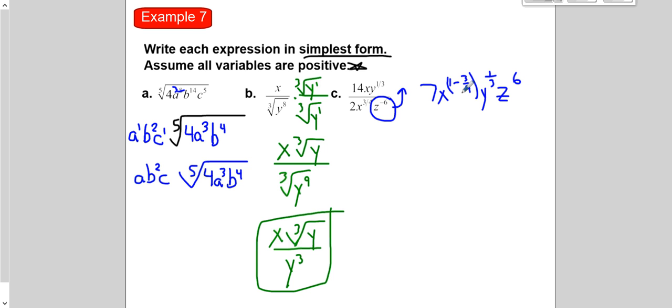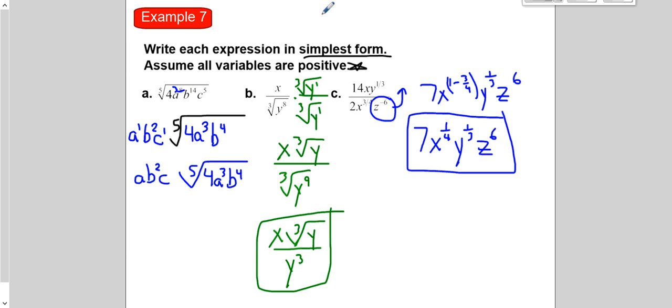All right, 1 minus 3/4 is 1/4. The y, just need to rewrite that. It has a 1/3 exponent. And our z has a 6 for an exponent. There's our answer to 7C. Simplest form, assume all variables are positive, so we didn't have to worry about absolute values.